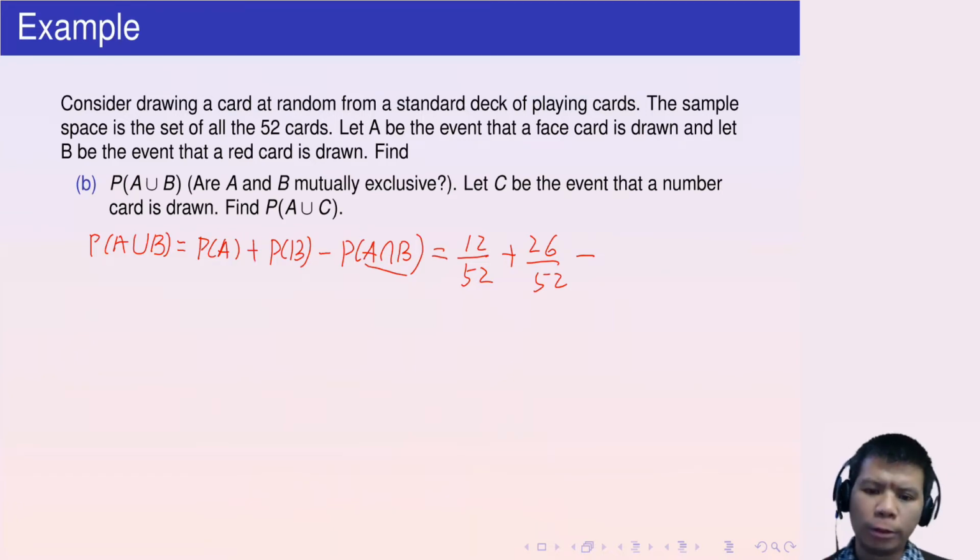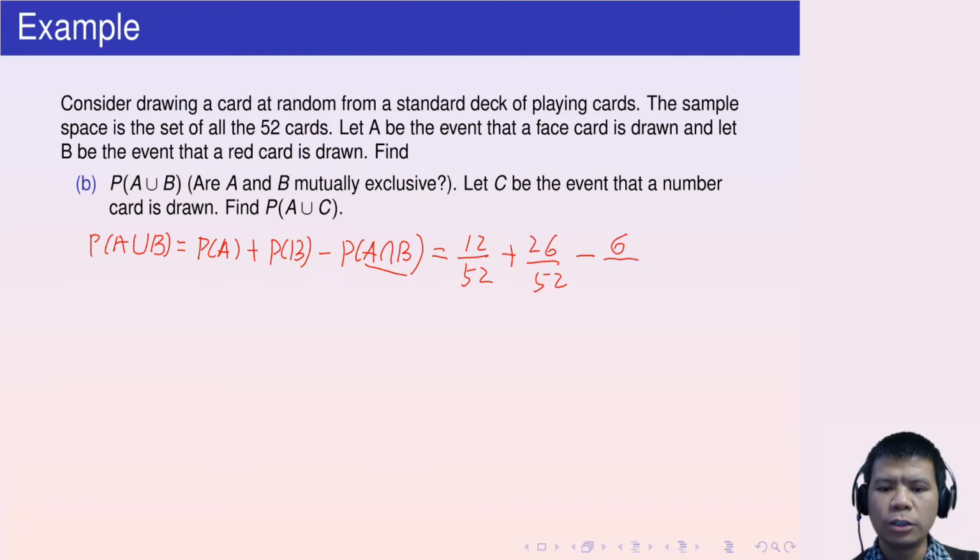So therefore, there are in total 6 face cards that are red. So the probability of the intersection is 6/52. And you can see that this is 32/52. Okay, that's the probability of the union. So you want to use probability of A plus probability of B, but remember, minus the probability of the intersection.